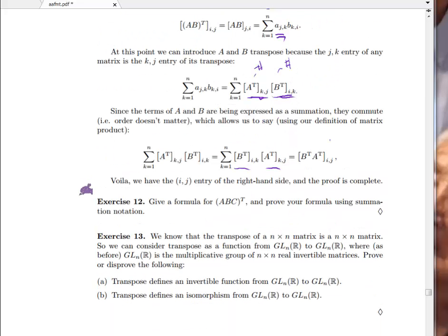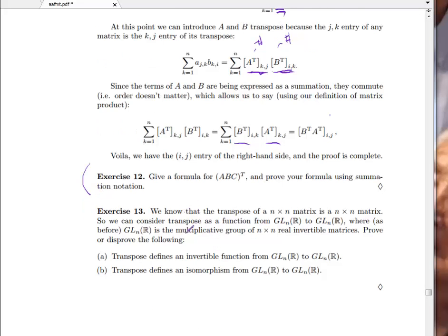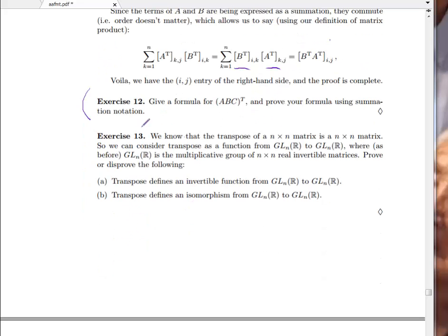So here's an exercise for you. And here's an exercise that relates to the functions chapter, where you want to tell whether transpose defines an invertible function from square matrices to square matrices, or whether transpose defines an isomorphism on these matrices.